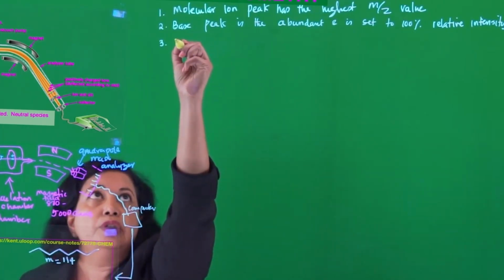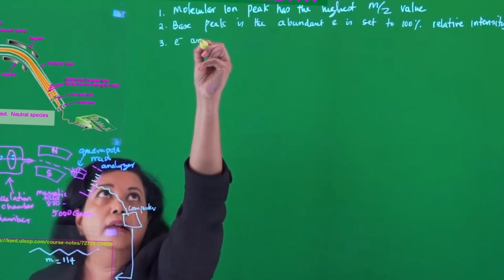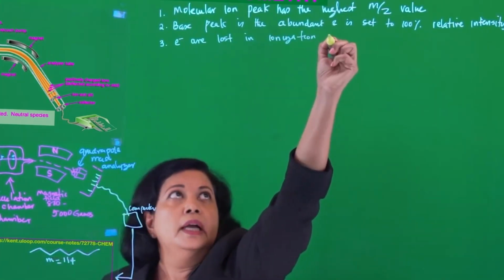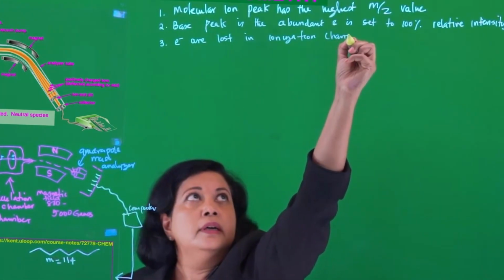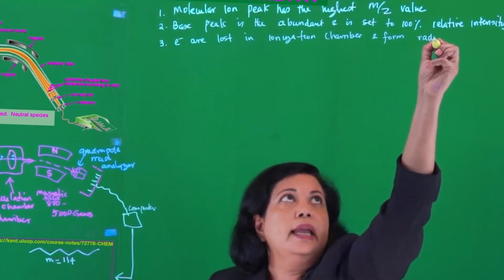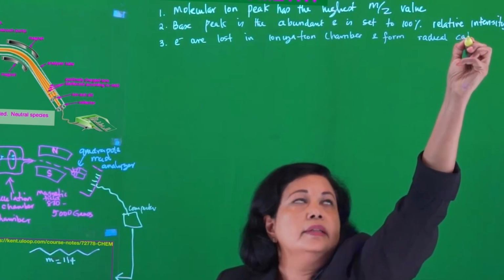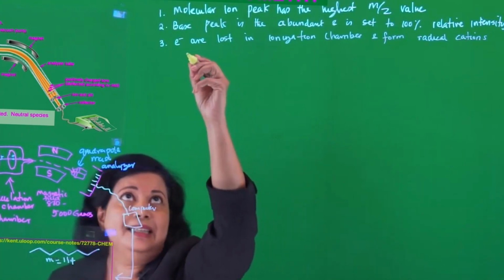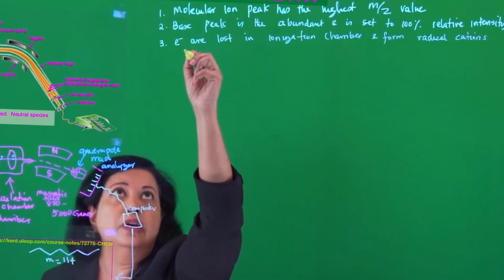So electrons are lost in the ionization chamber and form radical cations. Let's take a look at what it can be. The electron that's most easily dislodged is a lone pair electron.